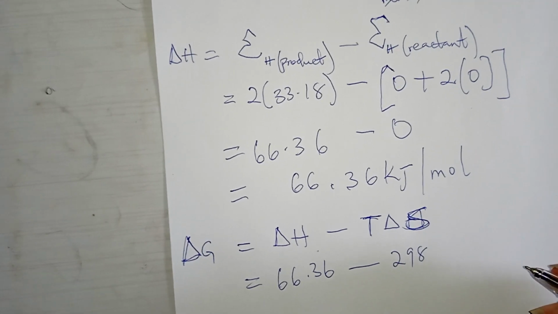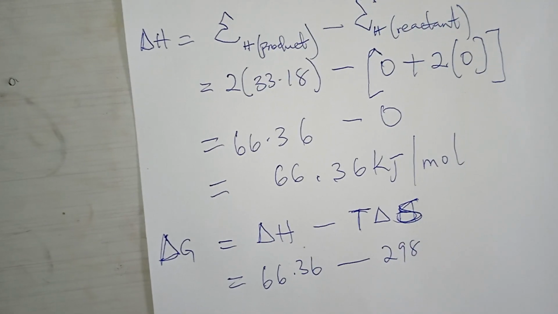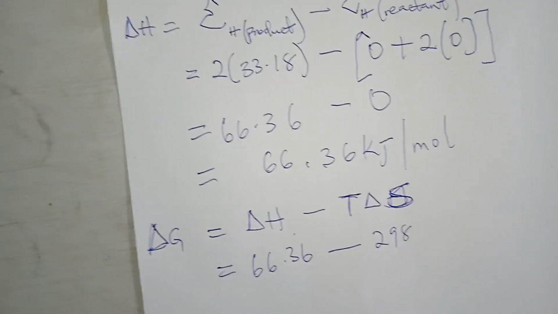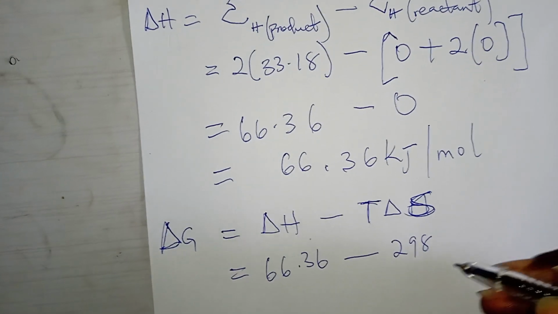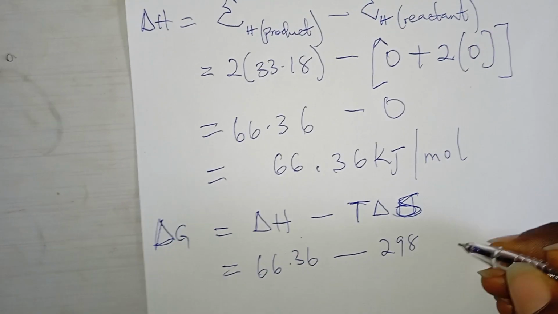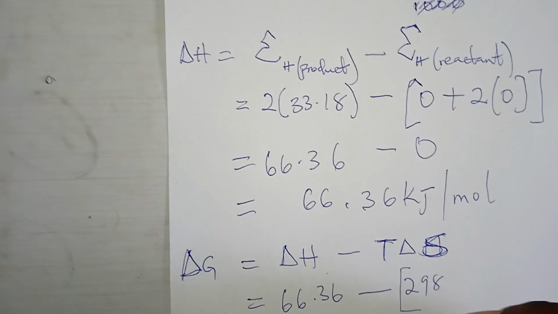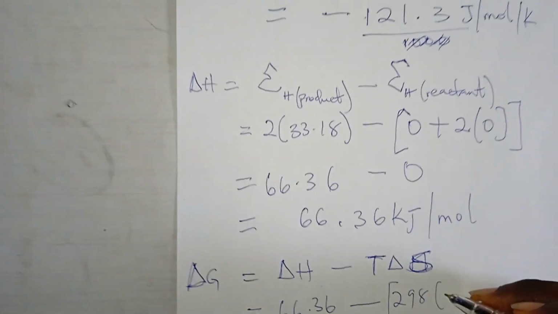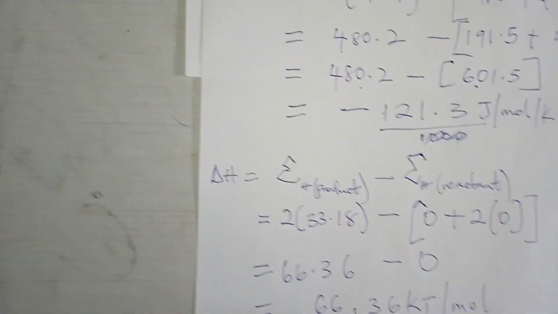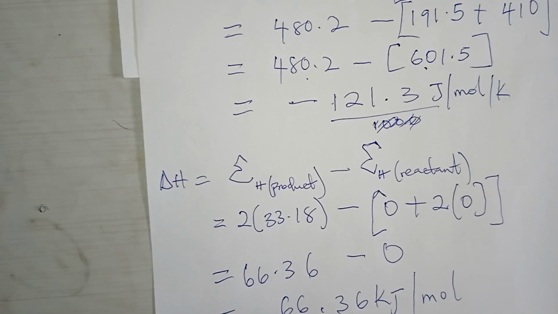At standard temperature and pressure, the temperature we use is 25 degrees Celsius, which is 298 Kelvin, unless otherwise stated. You can use any other value. So change in entropy is minus 121.3.